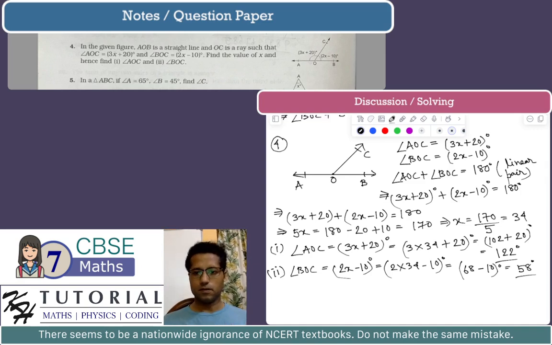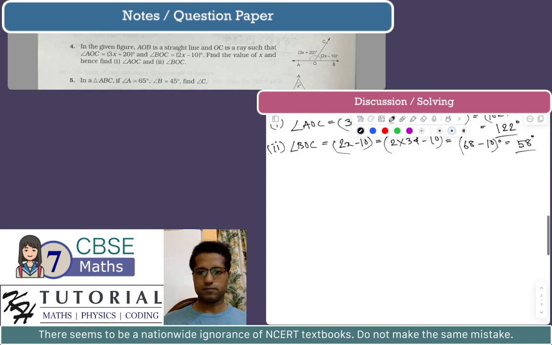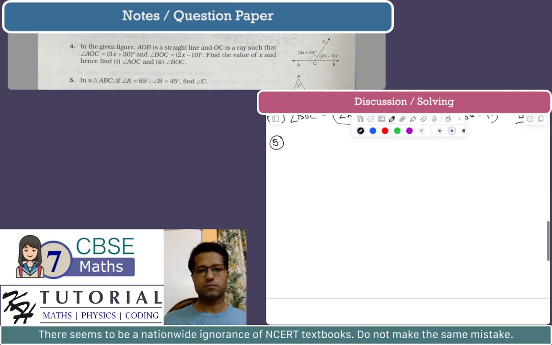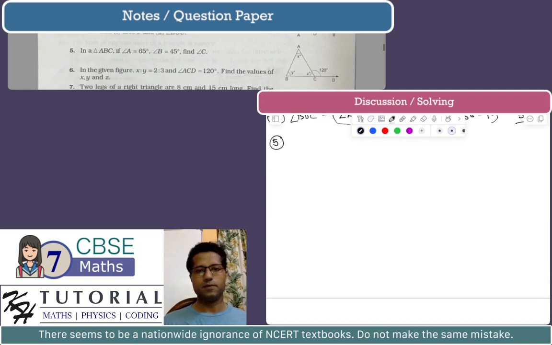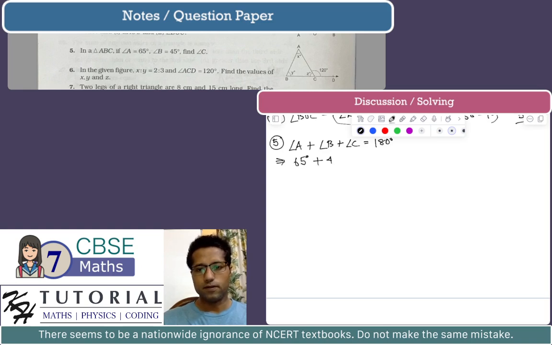Okay, let's do problem number 5. In a triangle ABC, if angle A equals 65 degrees, angle B equals 45 degrees, then find angle C. So we know that in any triangle ABC, we will have angle A plus angle B plus angle C equal to 180 degrees. Now it is given that angle A is 65 degrees, B is 45 degrees.